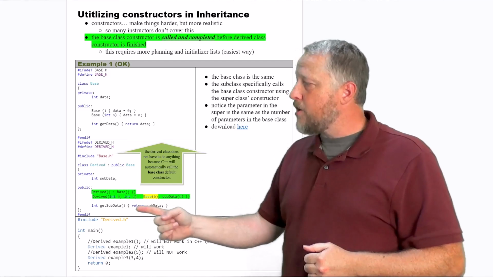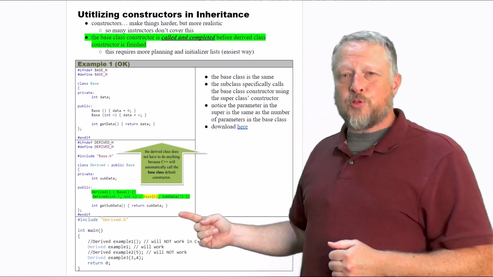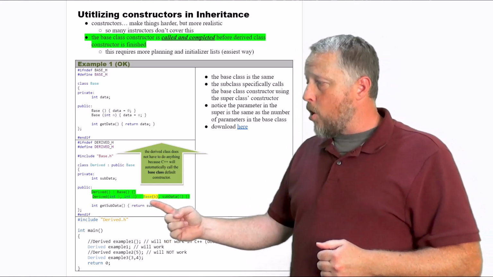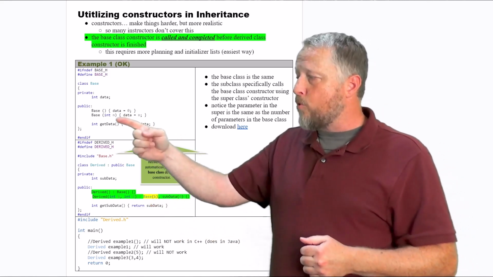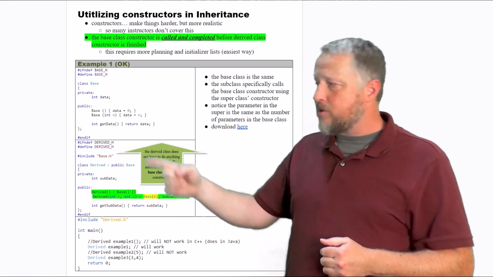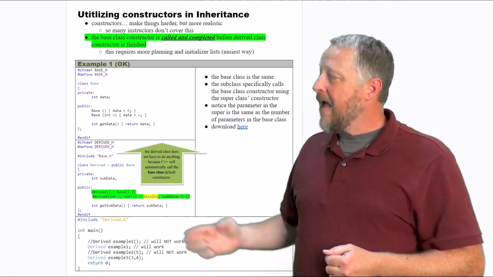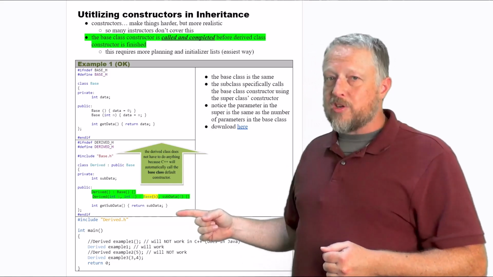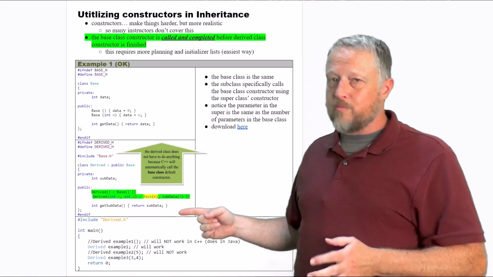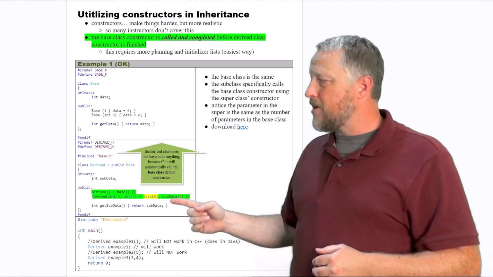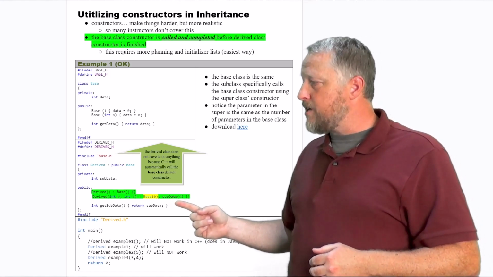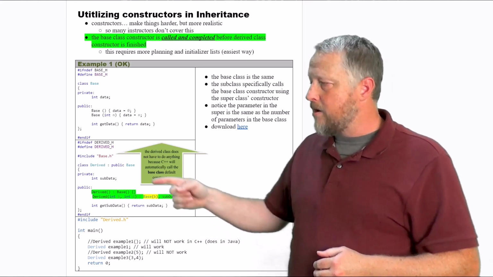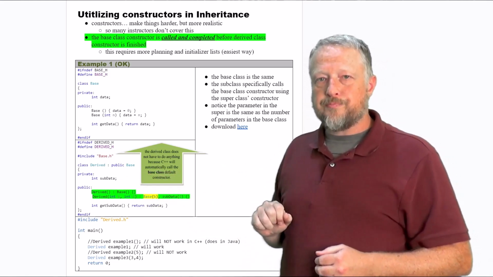This other option is actually going to do two things. It's going to call the constructor with the one parameter in base. Notice it said base, so you know exactly where it's going to go. And then remember, when we assign values using an initializer list, it looks a little different than using the equal sign. I'm going to assign a value of whatever D is to data, sub data, which is right here.